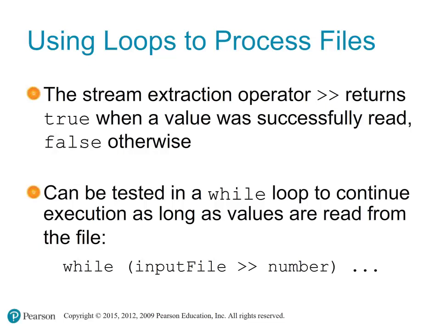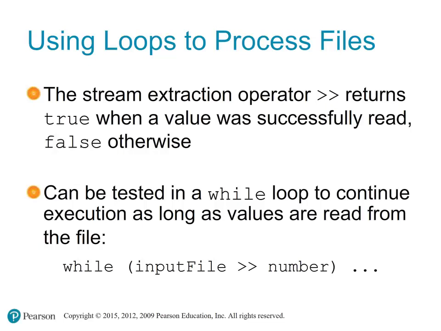The stream extraction operator greater than is not just used for reading values. It also provides a Boolean context that indicates the success or failure of the read operation. When you use the greater than operator to read a value from a file or any input stream, it attempts to extract a value of the expected type.